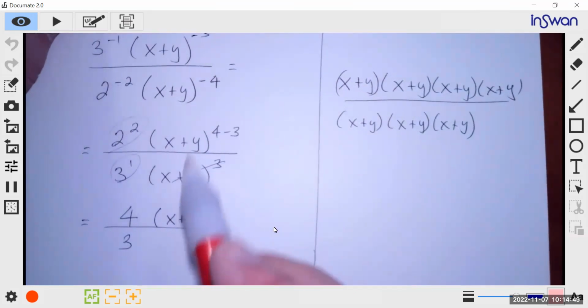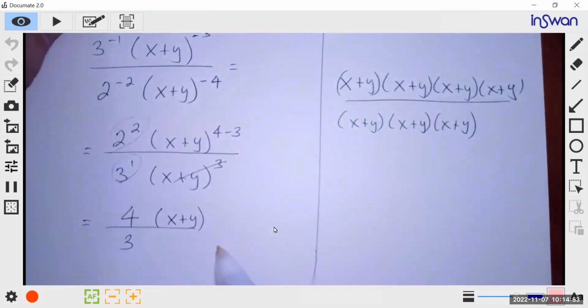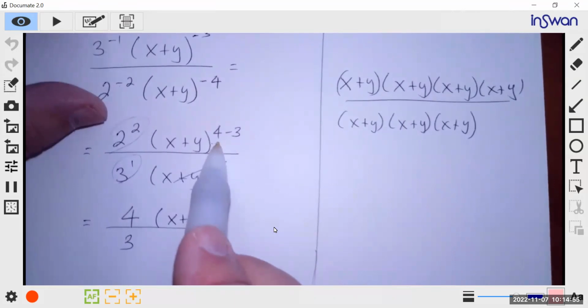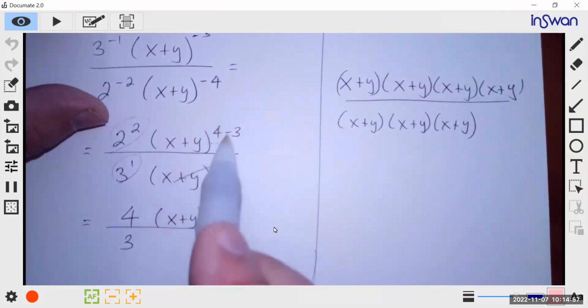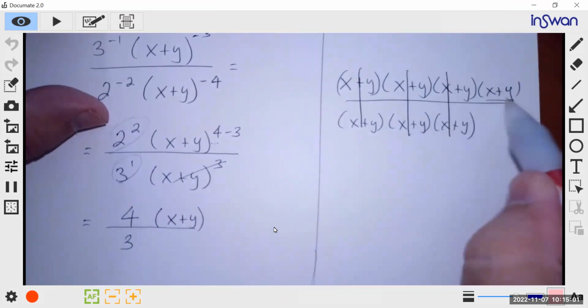Whenever you have the same bases, different exponents on top and bottom, always subtract the larger minus the smaller. Since there's more of them up on top, I'm going to subtract them up here. 3 of them cancel, so I only have 1 left.